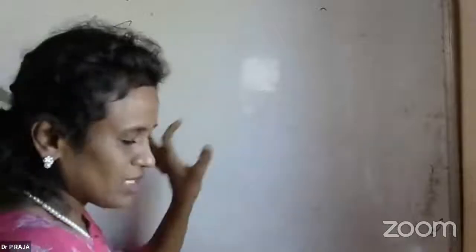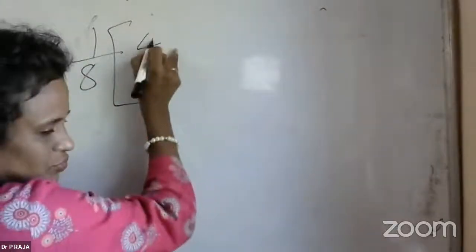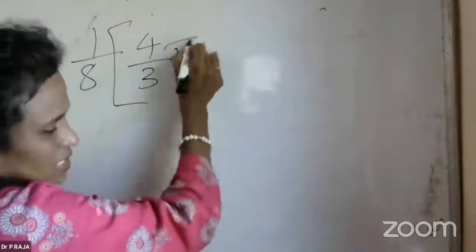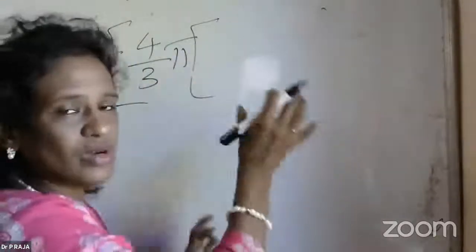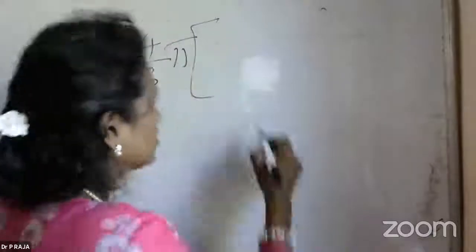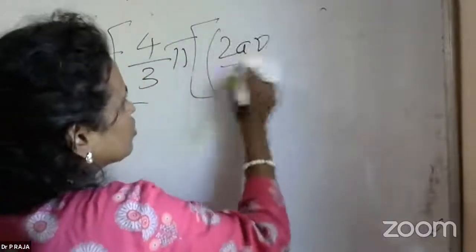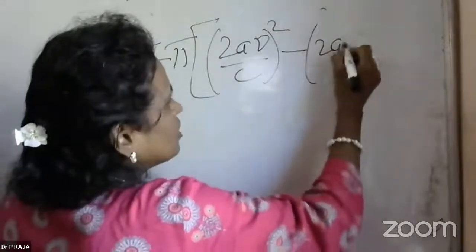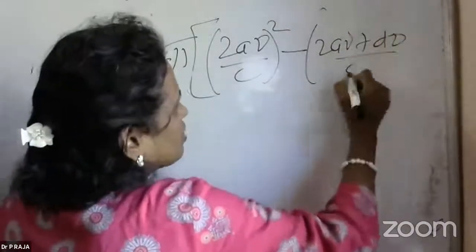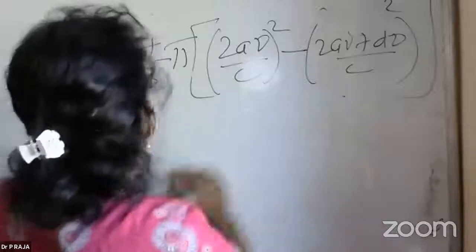And the volume will be, what is the formula? 4/3 pi r cube, isn't it? So r cubed is now r1 cubed minus r2 cubed. So r1 will be (2a nu by c) the whole cube, minus the other one, (2a (nu plus d nu) by c) the whole cube.